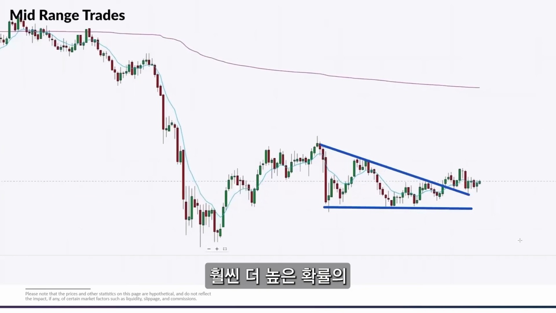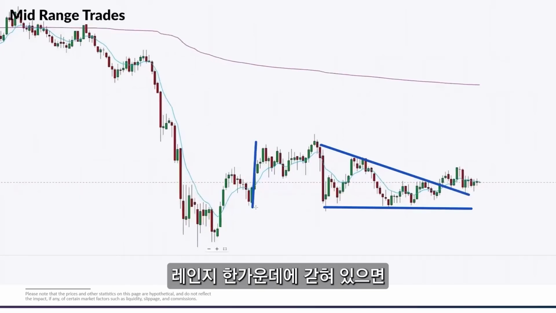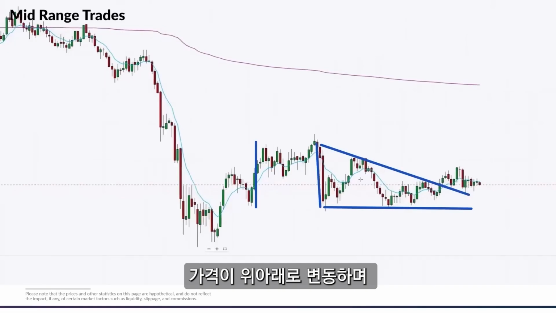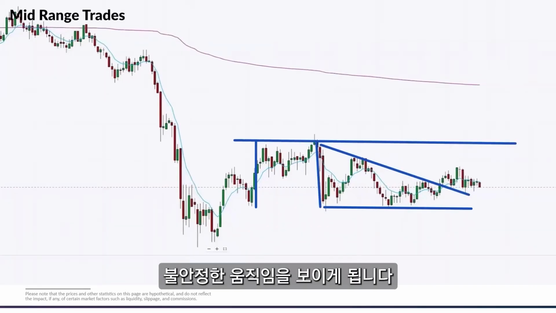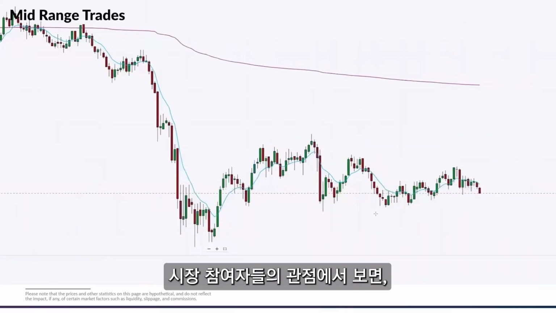If you took this exact same setup, this exact same price action right here, and you put this at the high of the day or the low of the day, it would be a much higher probability trade. But when it's stuck in all of this nonsense, all the up and down, stuck in the middle of this entire range, you have a super tricky trade. And think about it from the perspective of the participants involved.